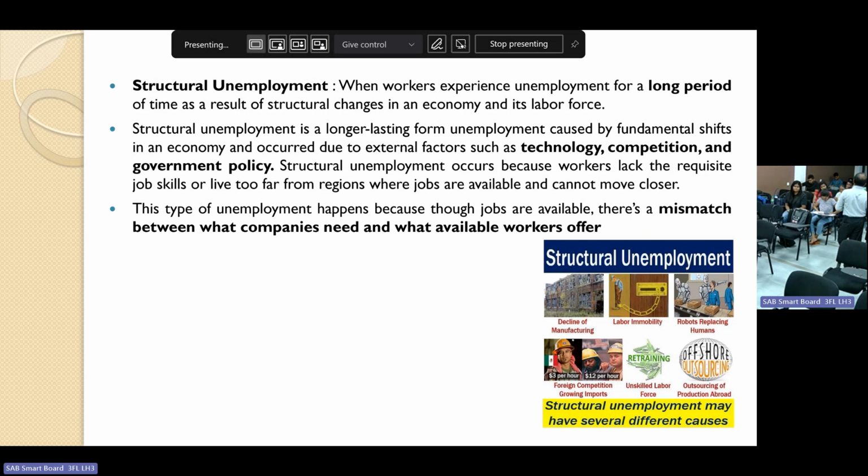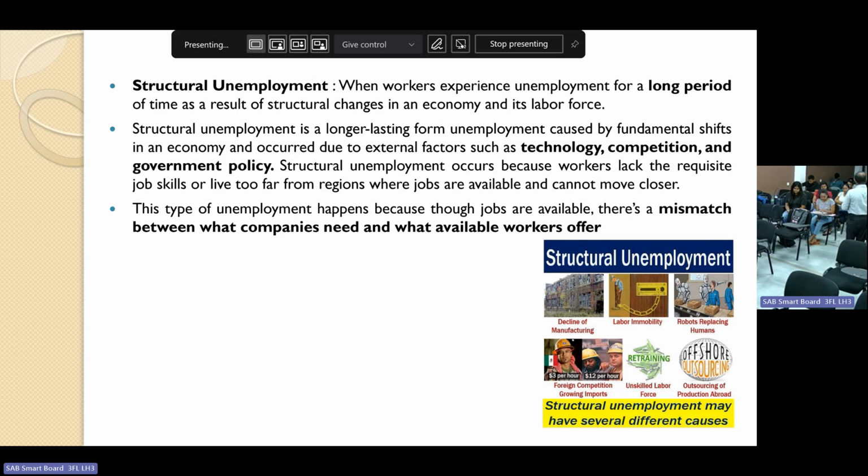In Sri Lanka, even though we have a good education system, the output produced from it does not match the requirements of the job market. There is a mismatch between demand and supply. Such things we can identify as structural unemployment.